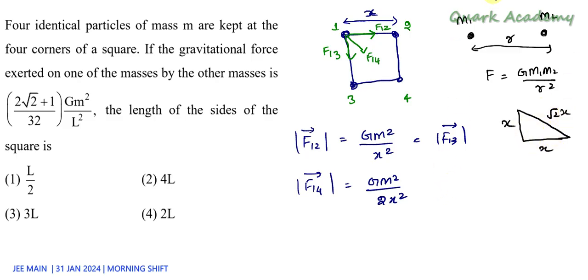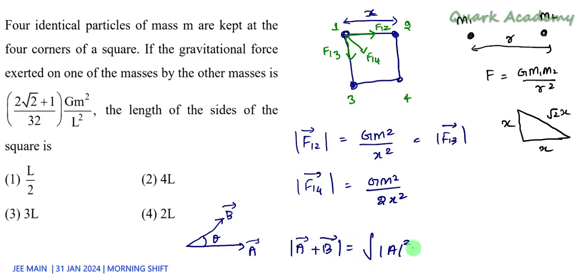Now let's add F12 and F13. There is a formula to add two forces or two vectors in general. If this is vector A and this is vector B, and they make an angle theta, then the magnitude of A plus B can be written as magnitude of A squared plus magnitude of B squared plus twice the magnitude of A times the magnitude of B cos theta.